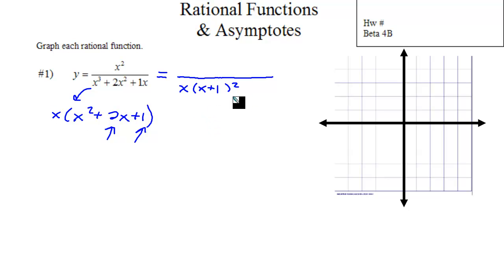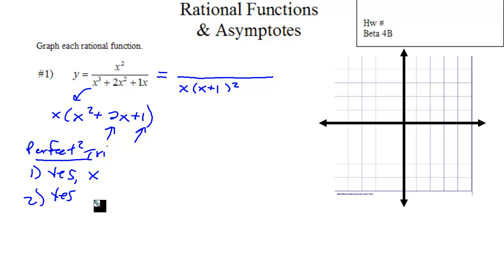To determine if it's a perfect square trinomial, you basically ask yourself 3 questions. Question 1. Is the first term x squared a perfect square? Yes, it is. And beside it, write down its square root. Second question. Is the last term, 1, a perfect square? Yes, it is.